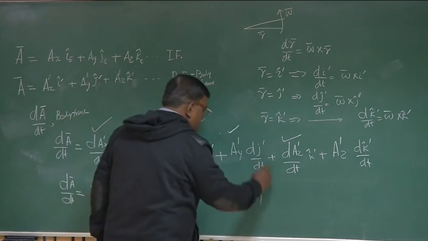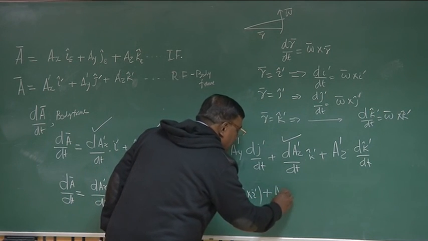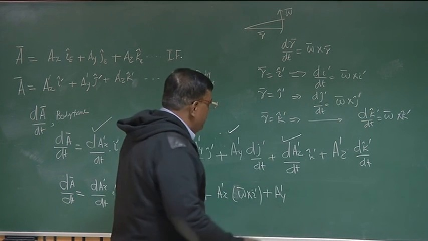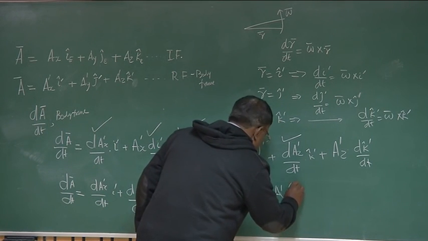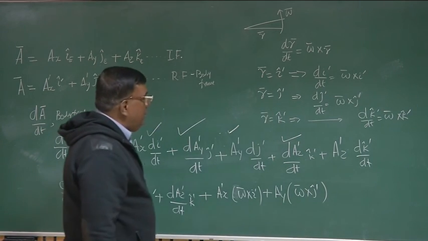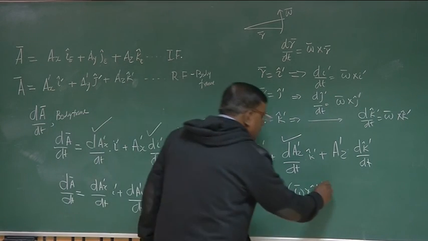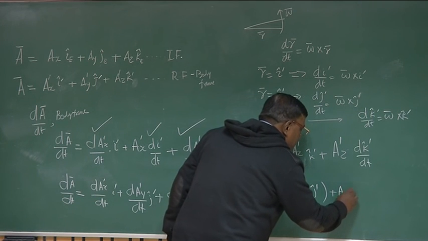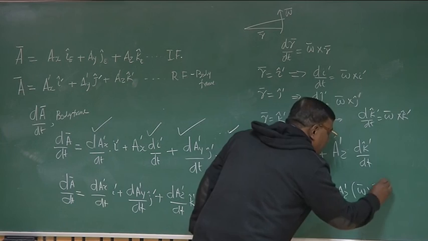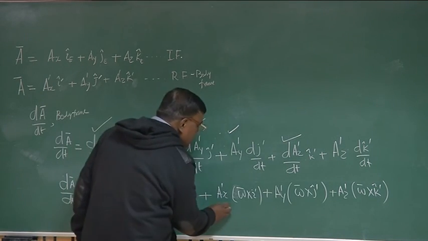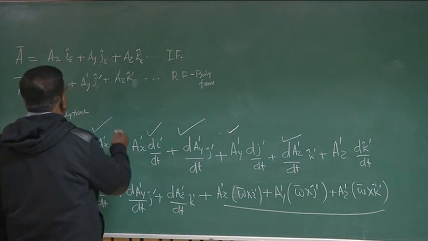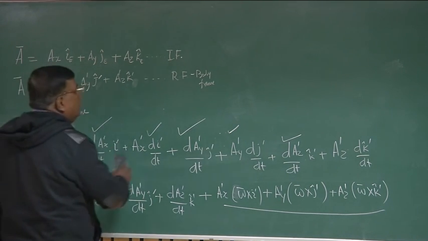Similarly for this, this is Ay prime into dj prime by dt, which is omega cross j, so this is omega cross j prime. Similarly for Az, I will get Az prime times omega cross k prime. Now see this term. Let me write the complete expression so that you understand better.